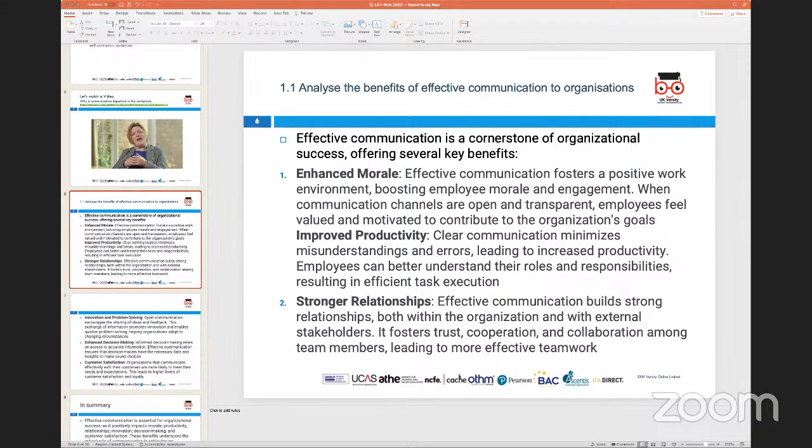Yes. On the learning outcome 1.1 organization, do you think we should include the communication process and all that, or we should just have an introduction of what communication is, then, for example, the characteristics of effective communication, then therefore we add on the benefits?